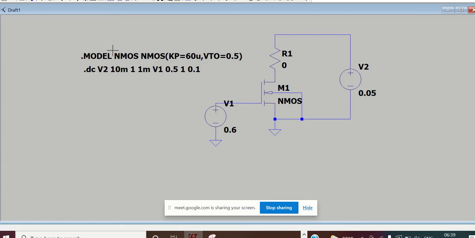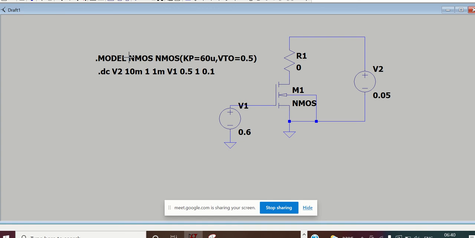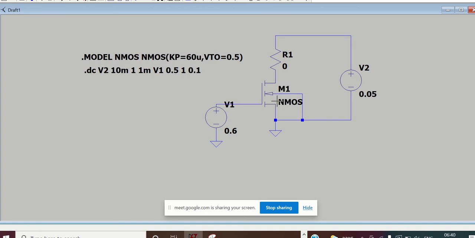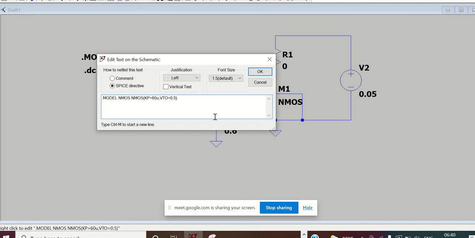Here you should change this to PMOS. When you work with NMOS, this will be NMOS. When you work with PMOS, this will be PMOS, and the threshold will be negative.